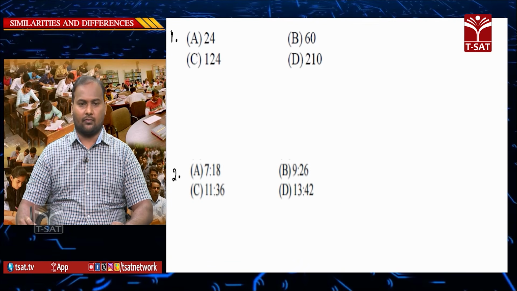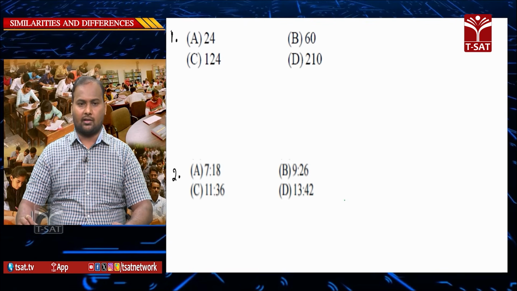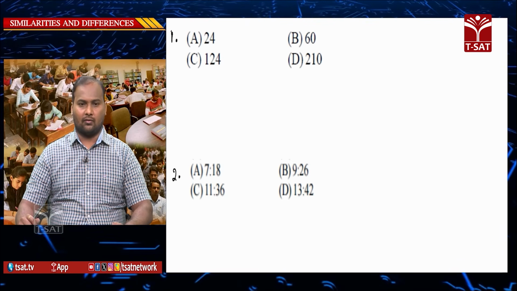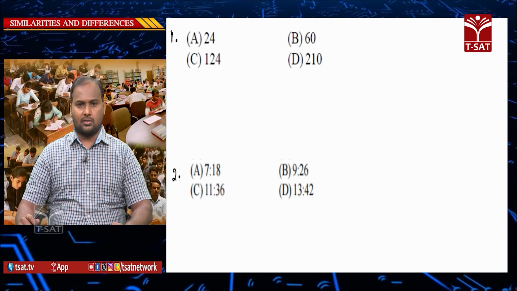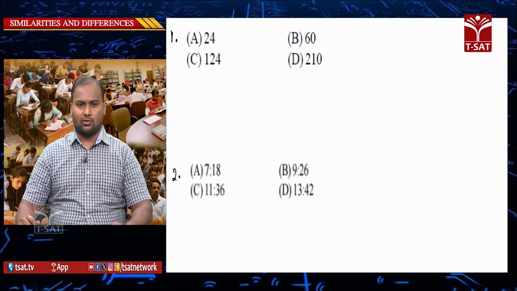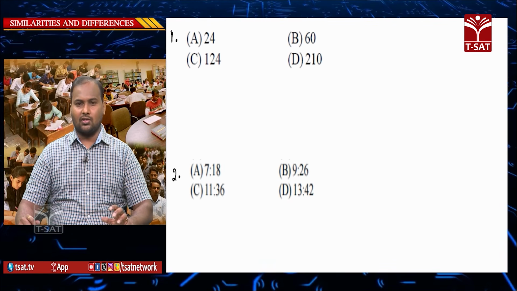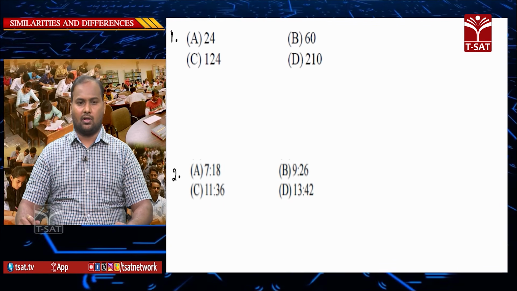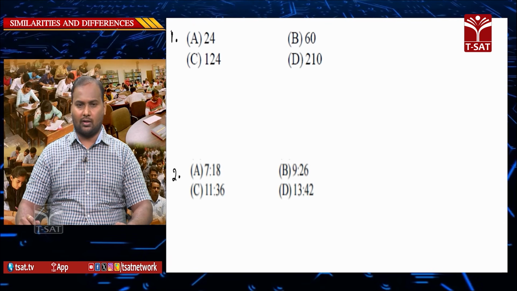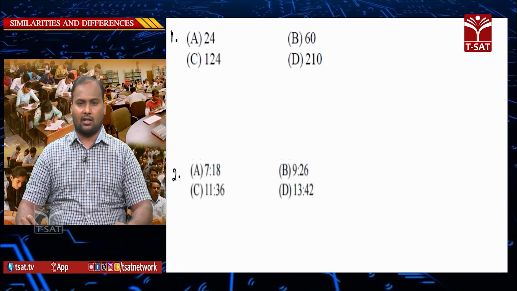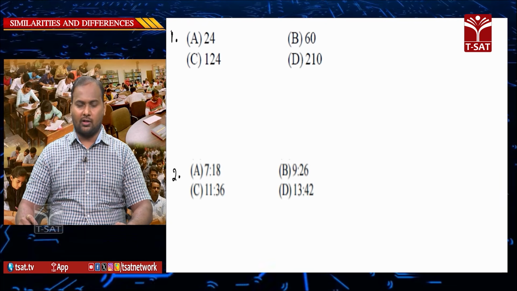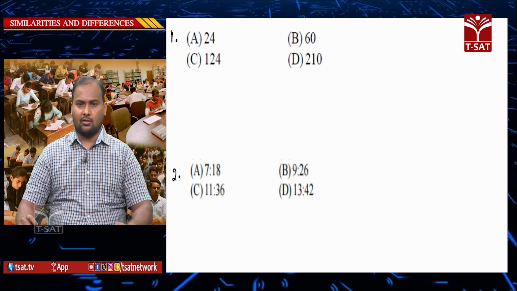For example, the question is 24, 60, 124 and 210. The moment you see this question, the student should recognize the range of the numbers. If you see 24, 60, 124, 210, the numbers are in the range of cubes directly. So immediately the logic that you need to apply is cubes.